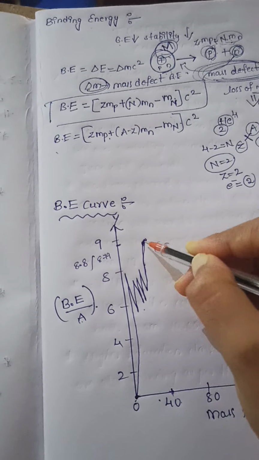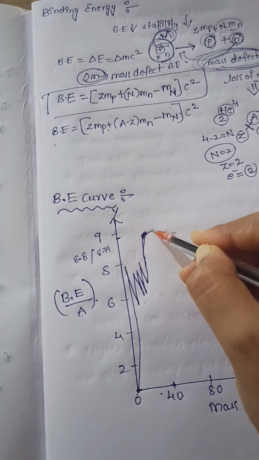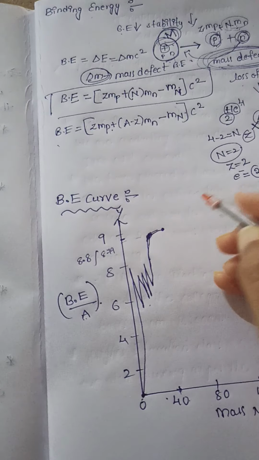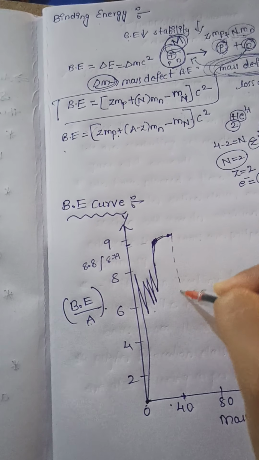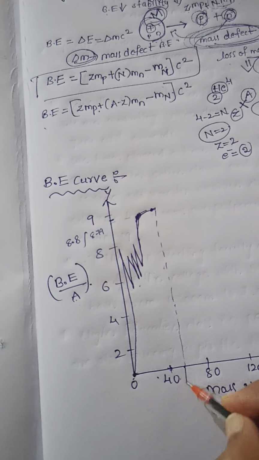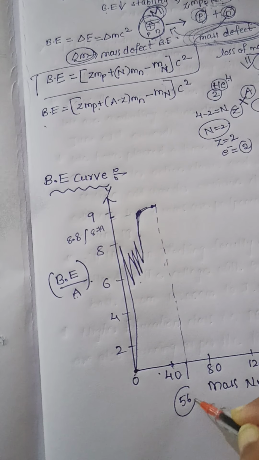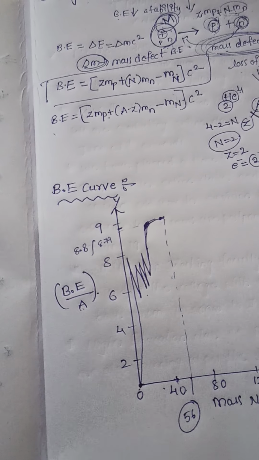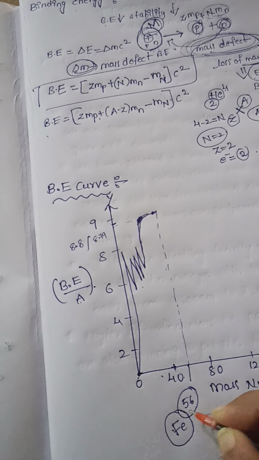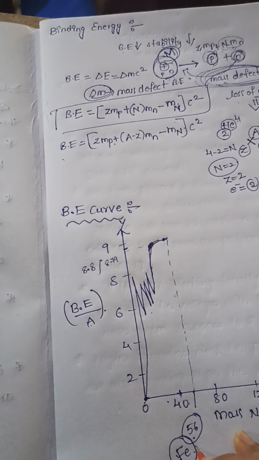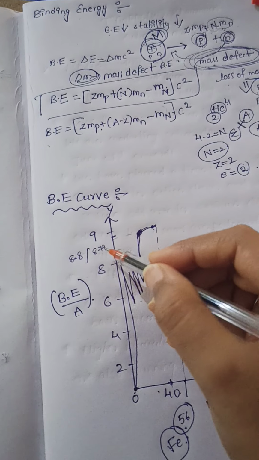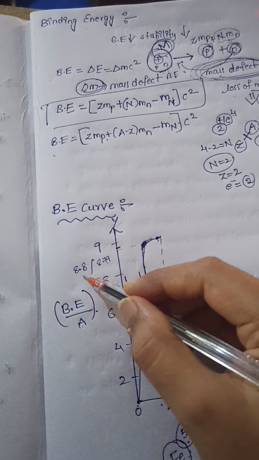Here the value on the x-axis, that is the mass number, is 56. What is the element with mass number 56? It is iron. At iron-56, the sharp peak of the binding energy curve exists, with a binding energy of 8.8 mega electron volts.